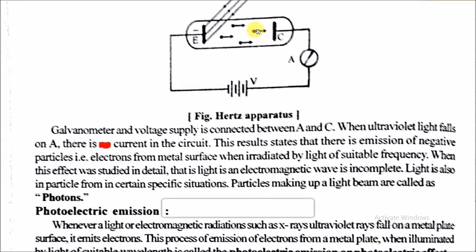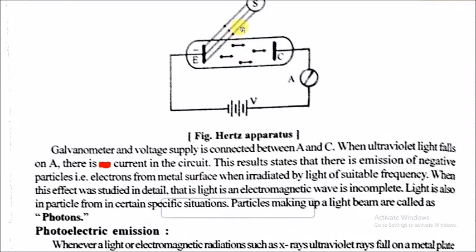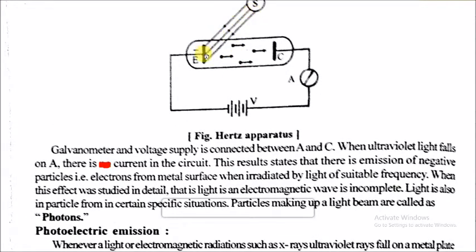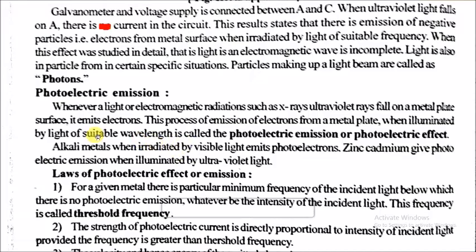They are simply the same electrons, but as they are ejected under the action of photons, they are called photoelectrons. The current passing through this circuit due to these photoelectrons is called the photocurrent, or the photoelectric current. Generally, alkali metals when irradiated by visible light emit photoelectrons.